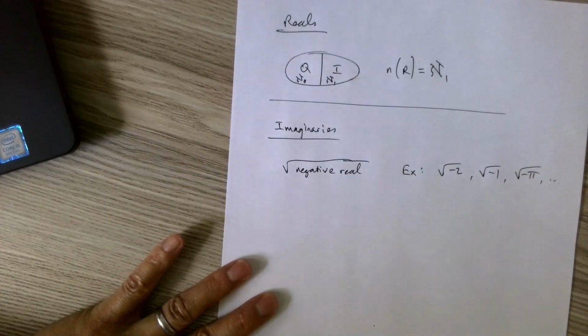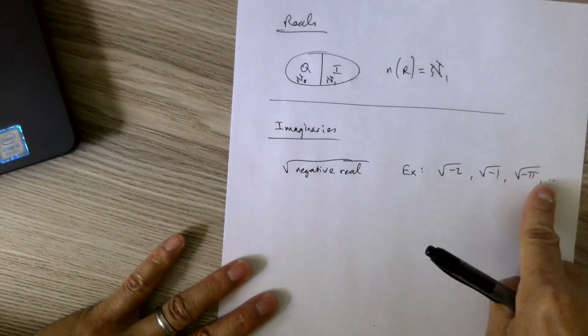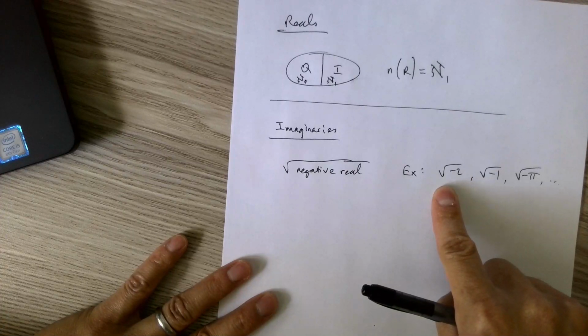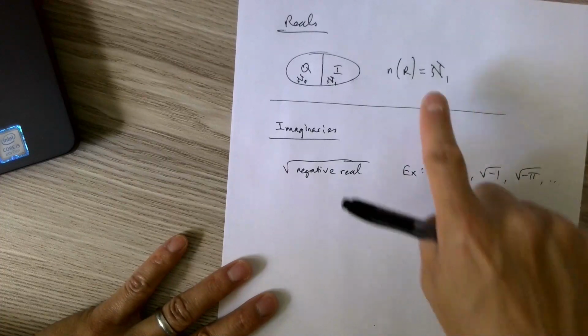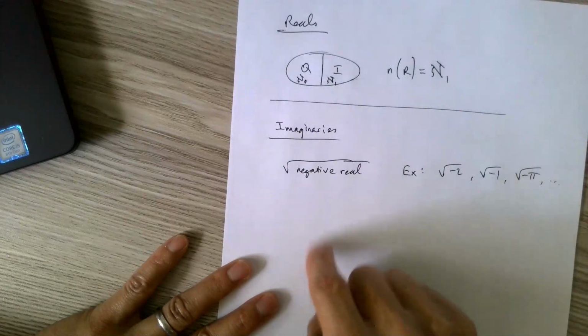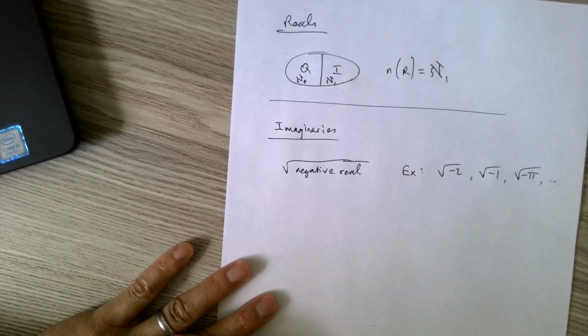Well, if I'm allowed to put any negative real in the square root, and I know that real numbers are Aleph One to begin with, well, taking the square root of that Aleph One number, I mean, it doesn't change its level.